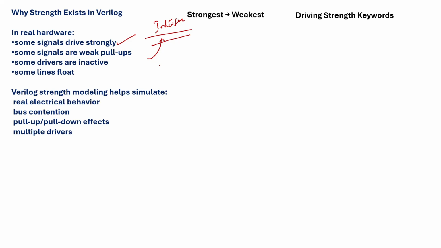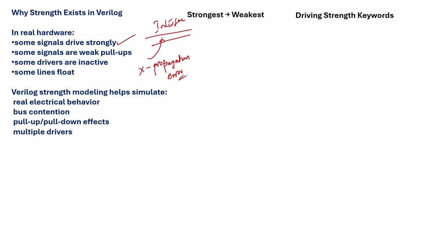At that time we get the X propagation error. So if the two strengths are the same and both are driving the same interface, then the compiler will get a conflict.